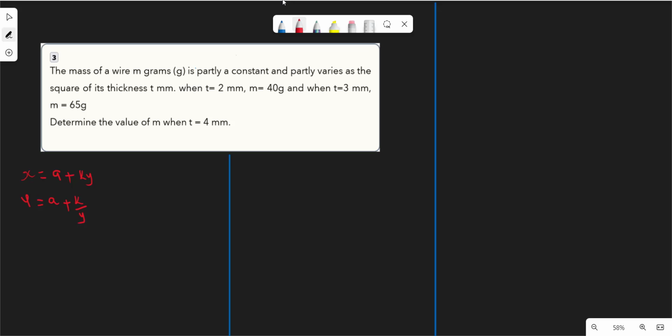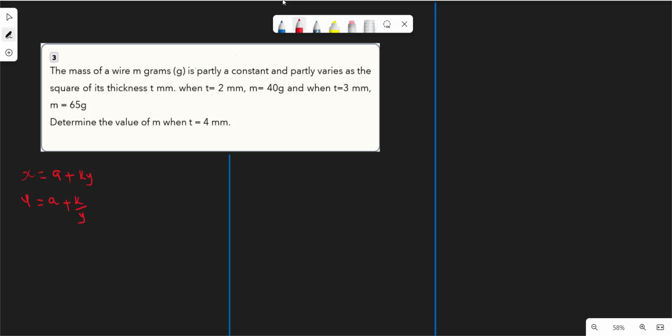As you can see from these two equations, partial variation normally has two constants, a and k, as opposed to any other kind of variation like the inverse variation or the direct variation we've seen in a previous video.